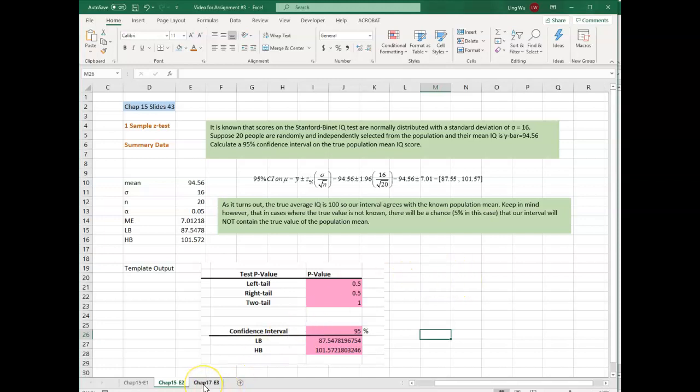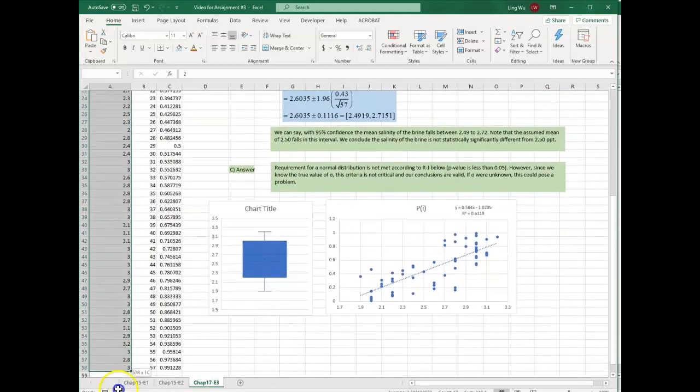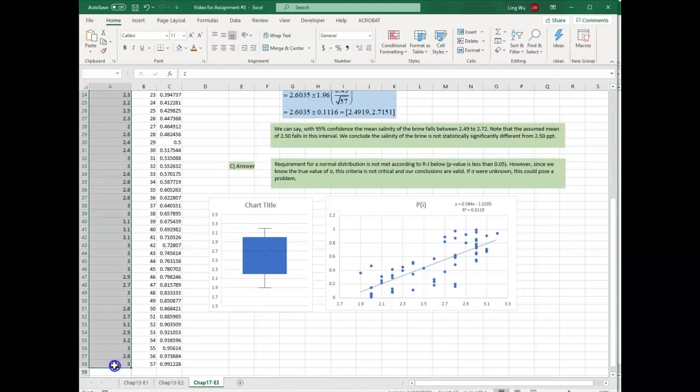Let's look at the one sample z-test with the data. This is chapter 17. In the last couple of pages, we have an example on the canned shrimp. I don't cover all those values here, but we have the salinity solution data values. There are a total of 57 data values here.